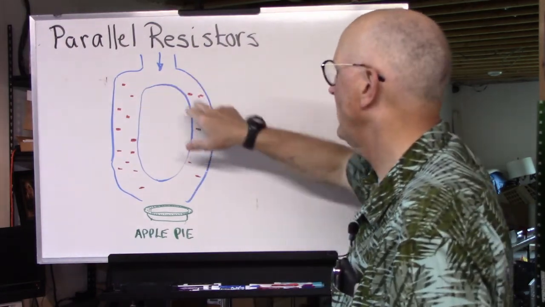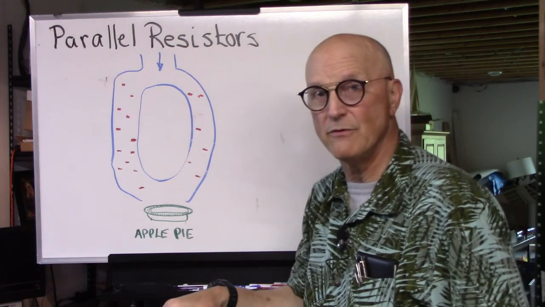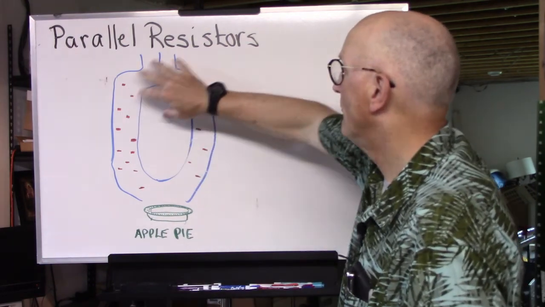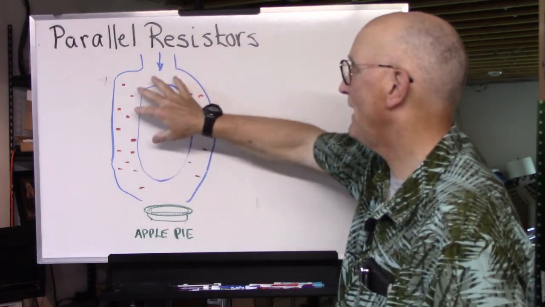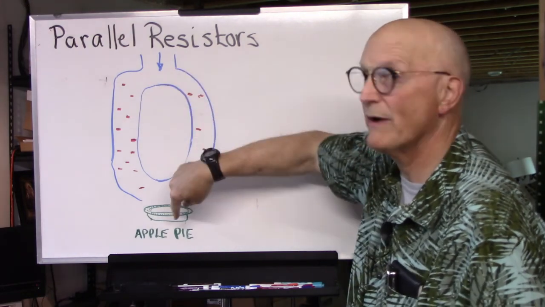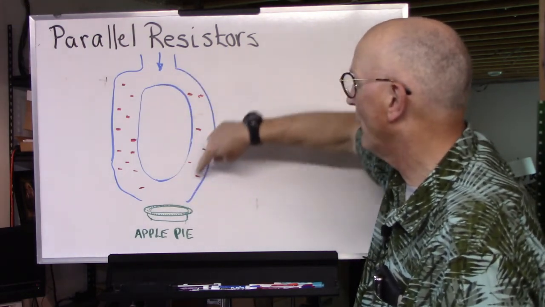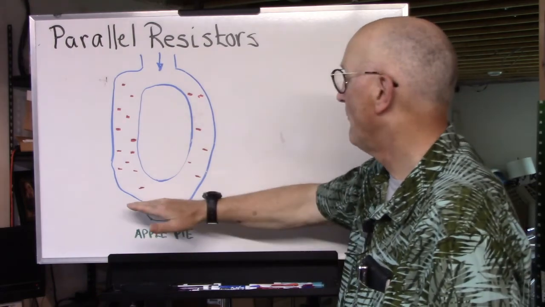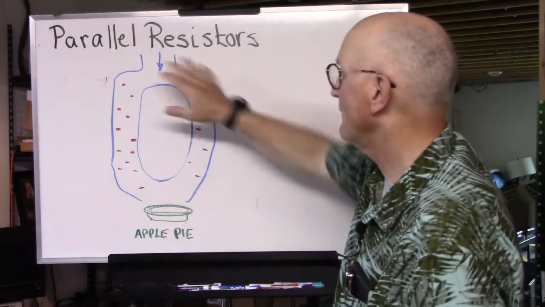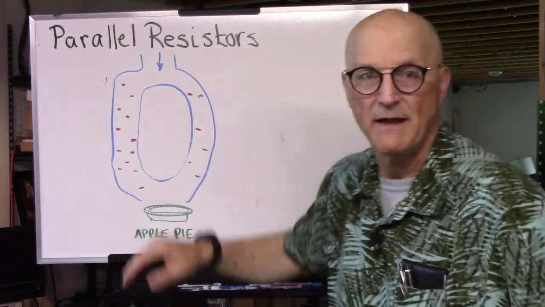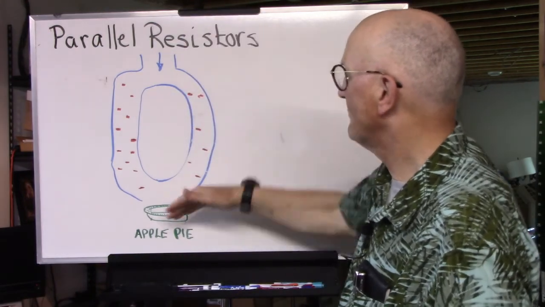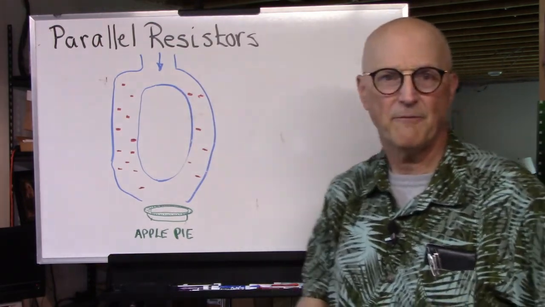And so they're coming down the alternate route. As a result, more people get to the apple pie, because we have more people coming down this route. The flow of people is higher.